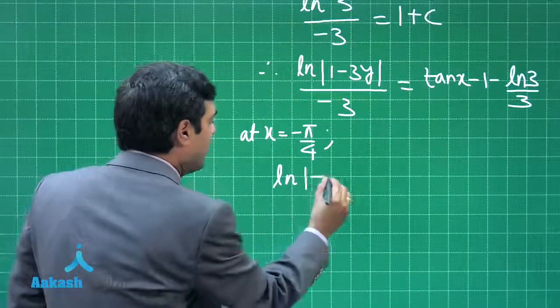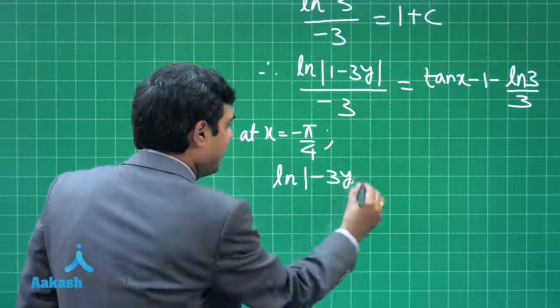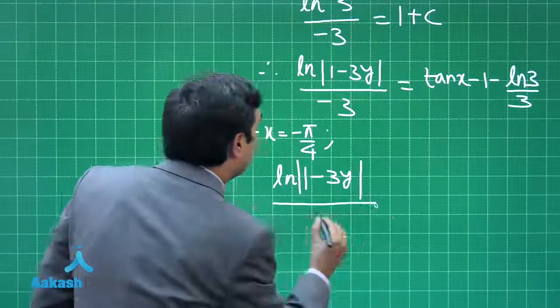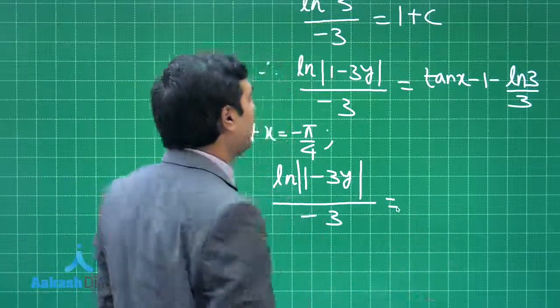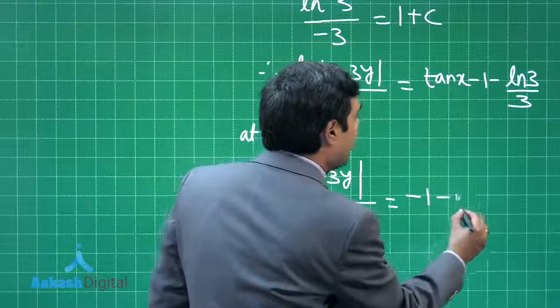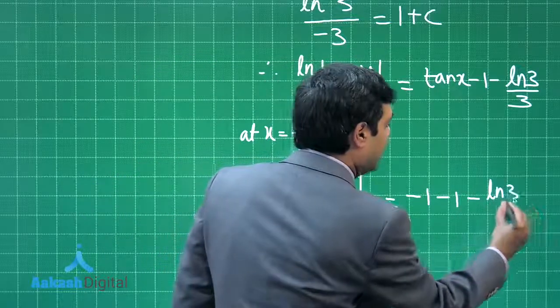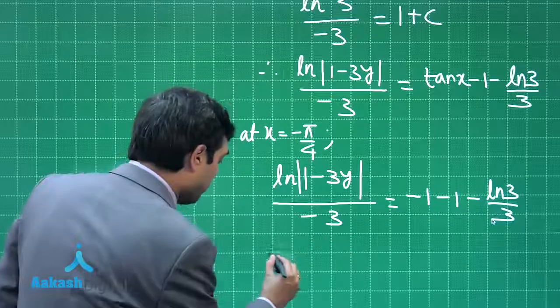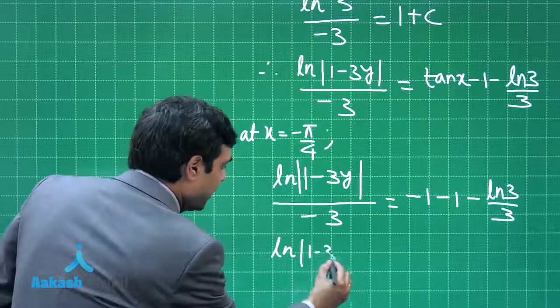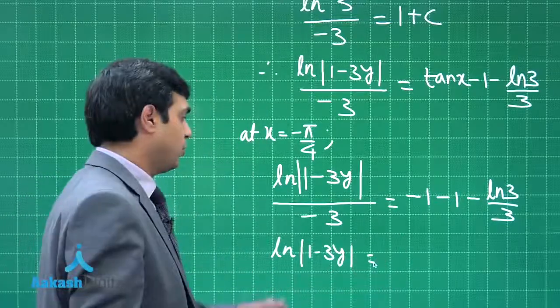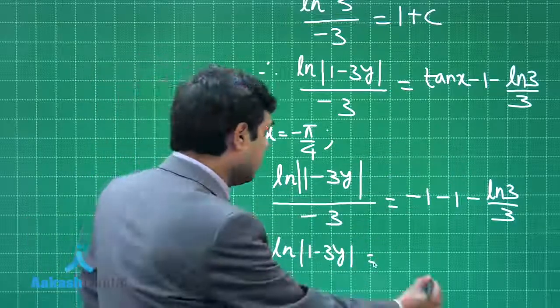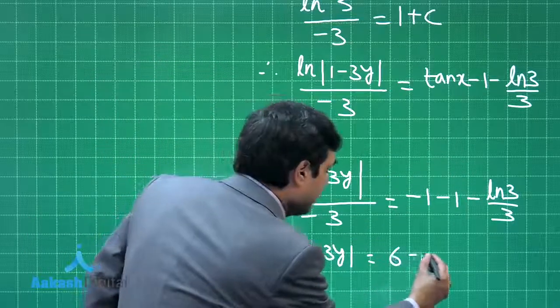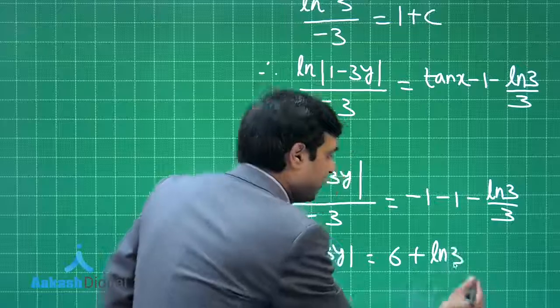Log of 1 minus 3y inside the mod sign divided by minus 3 is equal to minus 1 minus log 3 divided by 3, or log mod 1 minus 3y is equal to, this minus 3 goes to the other side, making it 6 plus log 3.